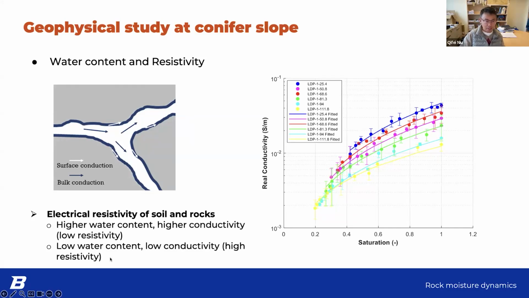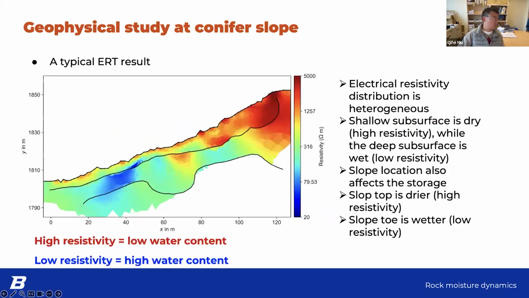This one shows typical electrical resistivity results when we invert data, and here is what the site looked like. I think this was done in the summer. From this figure you can see, as we mentioned, the top region is the soil layer, in between is the fractured bedrock, and below that is the fresh bedrock.